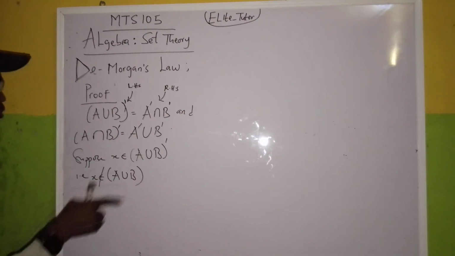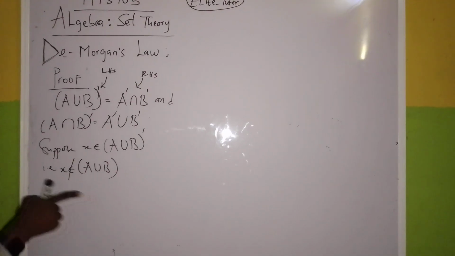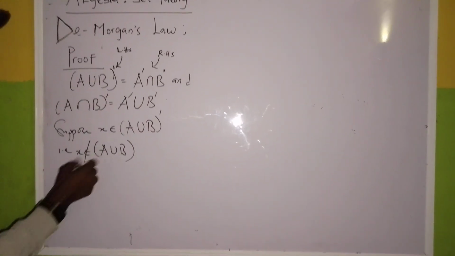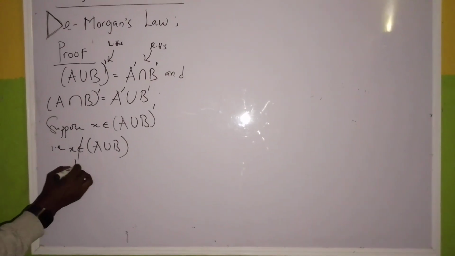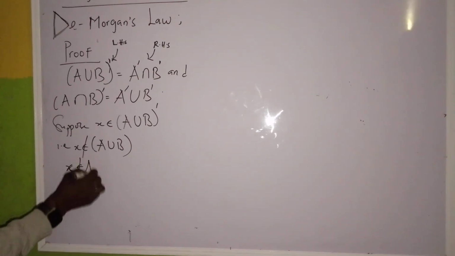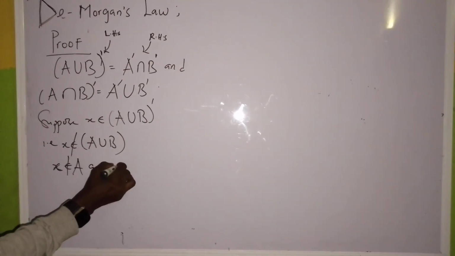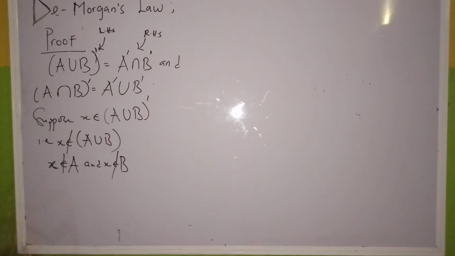If I'm proceeding further, let me break it down so you can understand. For me to say that X does not belong to A union B, it is saying that X does not belong to A, and the element X does not belong to B. I'm crossing it because it does not belong to.